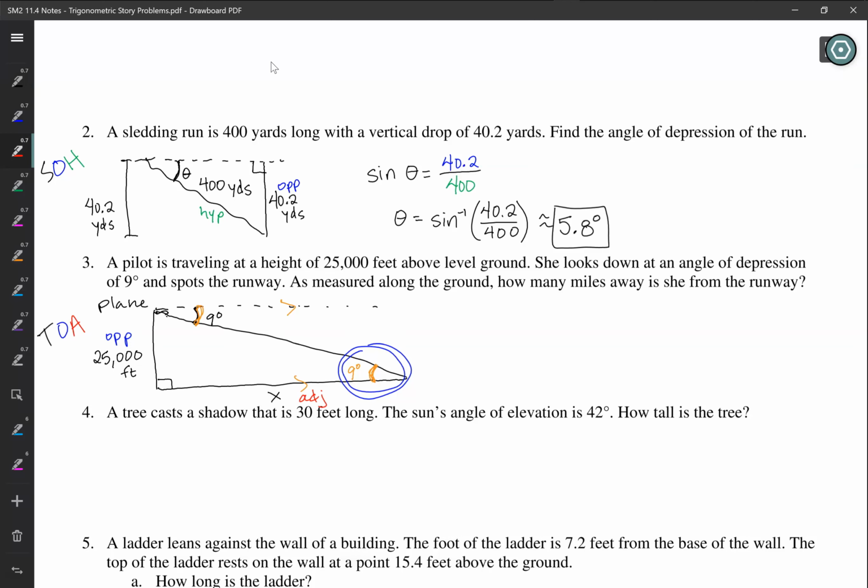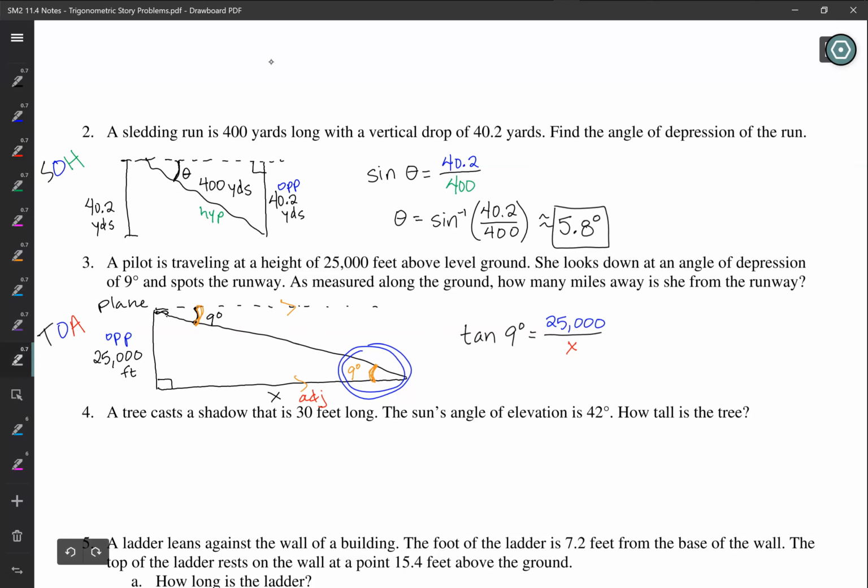So this is a tangent problem. So the tangent of the angle, 9 degrees, equals opposite 25,000 divided by adjacent, X.